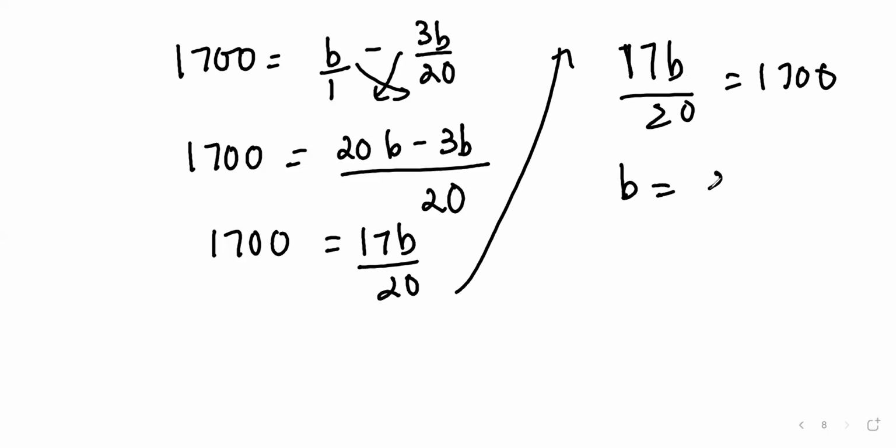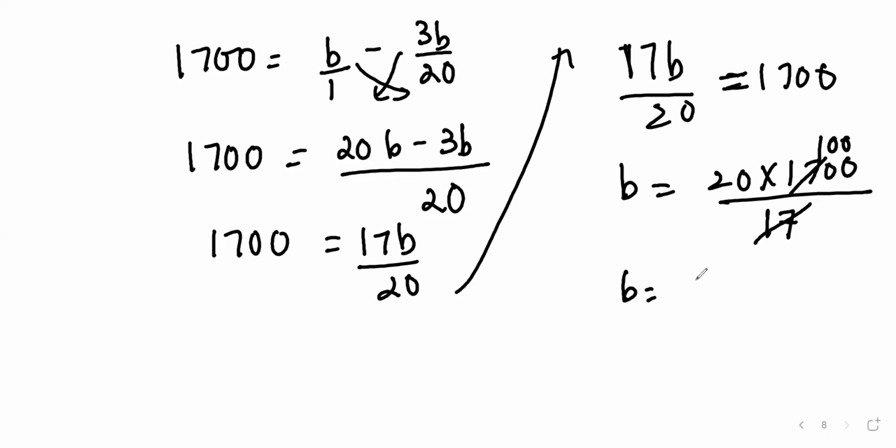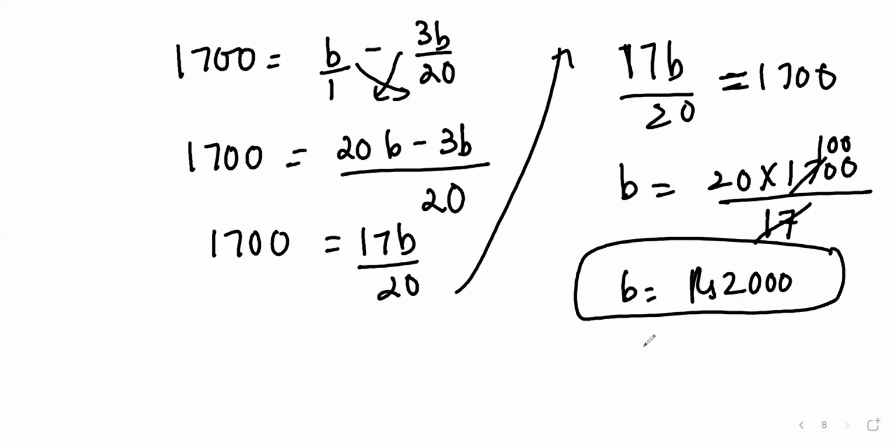So just keep B on one side. 20 into 1,700. I took the 20 up. On this side it was in the denominator. When it goes to the other side of the equality, it has become the numerator. 17 has come down. 17 ones are 17, 17 ones are 17. 2 zeros will be there. 2 into 1,000 rupees. This is the thing. And what is it? Mark price, rupees 2,000. So using this, we have found out the mark price, and we have also found out the cost price in this transaction.